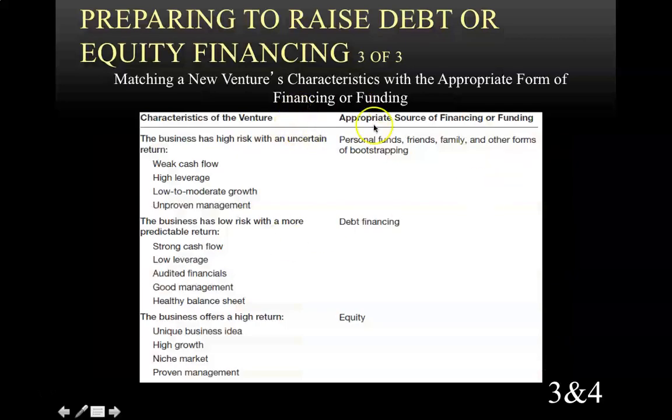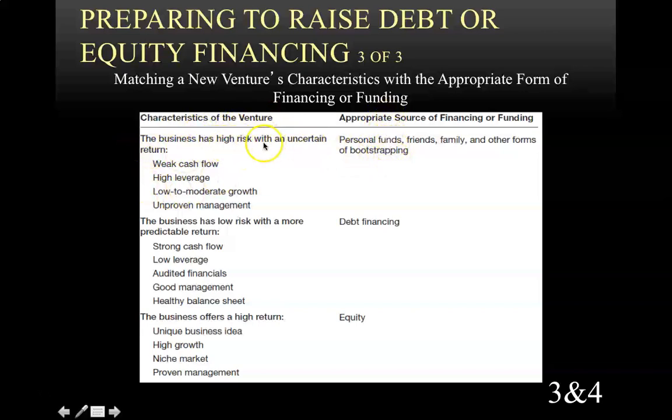This little chart here, I'll name the book that I've got it from at the end of the video. It's a good graph that explains where the venture is at in its life cycle, and what the appropriate kind of funding is.